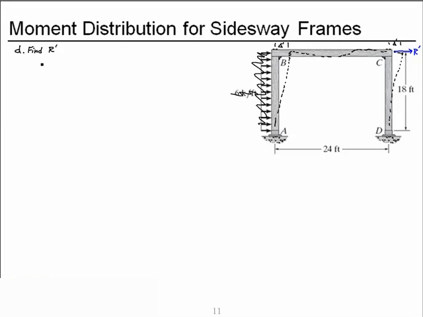And to do that, let's start with a free body diagram of member AB, because we're going to follow a similar process that we used to find the restraining force R in the restrained frame.